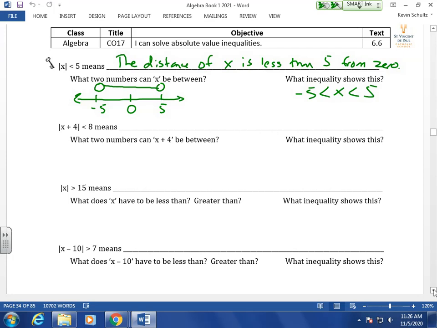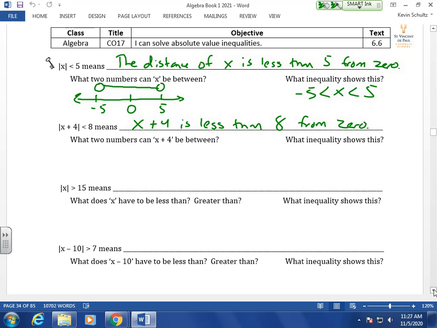So the next one. The absolute value of x plus 4 is less than 8 means what? Is that a hand up, Elise? Go ahead. The distance of x plus 4 is less than 8 from 0. Yeah, and now that we've established that distance piece, it's probably just word clutter. We can take it out, but essentially, yes. What this is saying is that x plus 4 is less than 8 from 0.